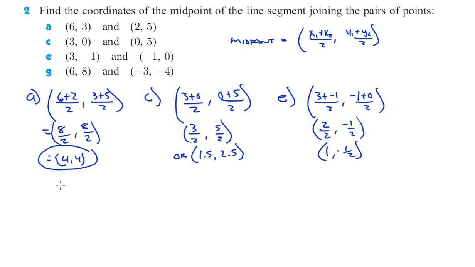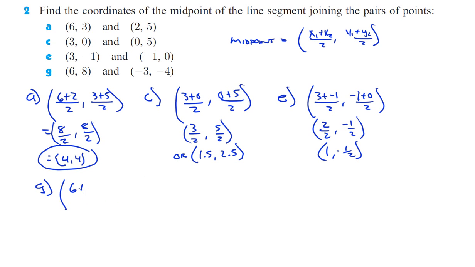Okay, and then G, we've got 6 minus negative 3 over 2, and then 8 minus negative 4 over 2. Why am I subtracting these? I should be adding these. What's wrong with me? Let's go back. Let's try that again.